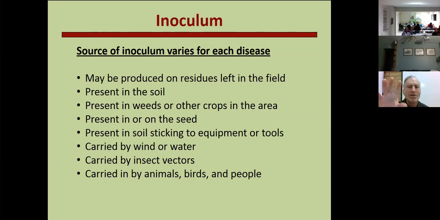For a nematode, it would be the egg, and the new nematode hatches out of the egg. For a bacteria, it would just be some living bacteria that gets dispersed, moved to the new plant. Does that make sense? That's the way it is transported. Understand, yes. Yeah, thank you. Good question.